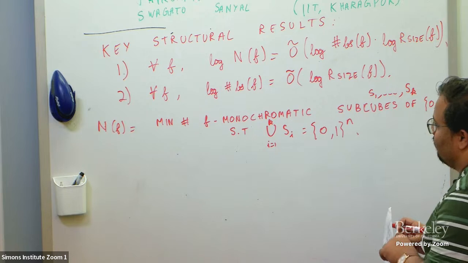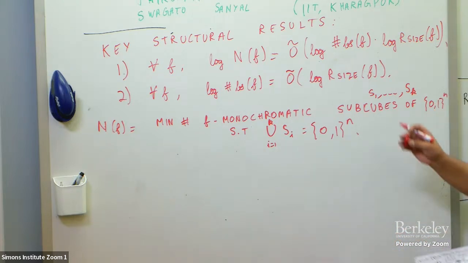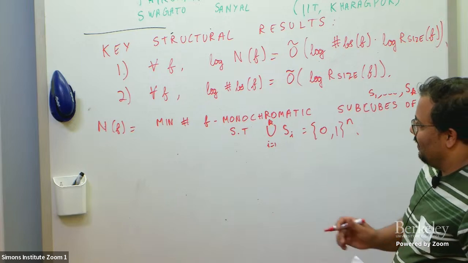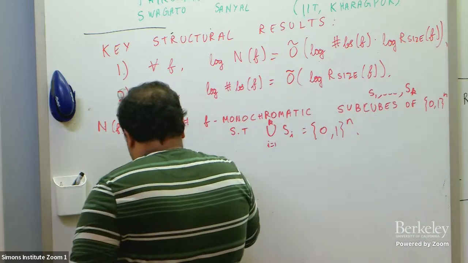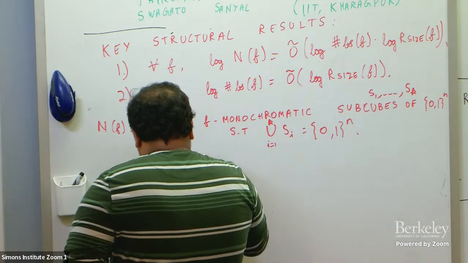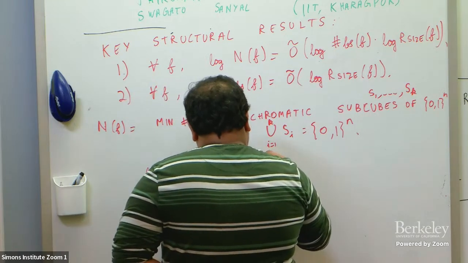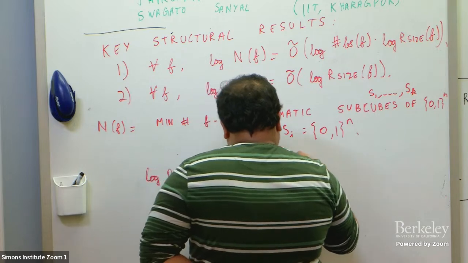If you've seen it before, this follows from D is at most 0 certificate complexity times 1 certificate complexity. If you write it out, you get log D size is of the order of log squared N of F.